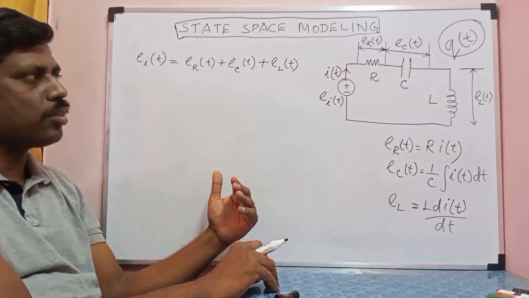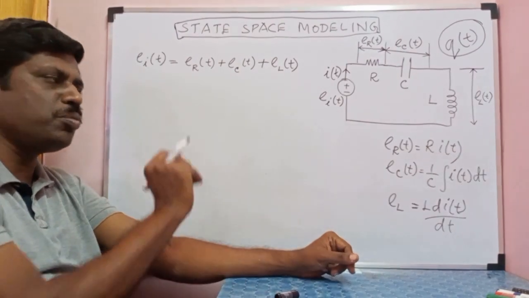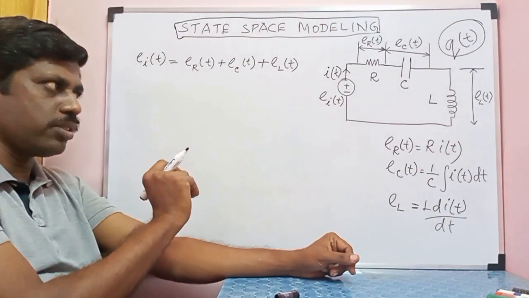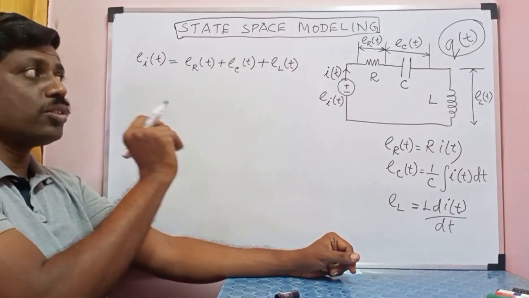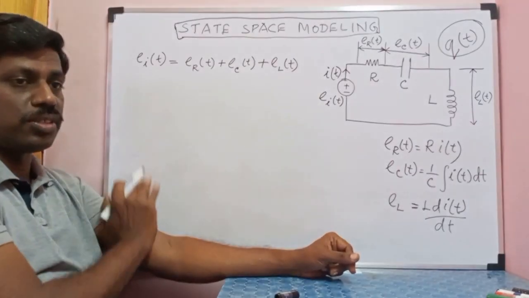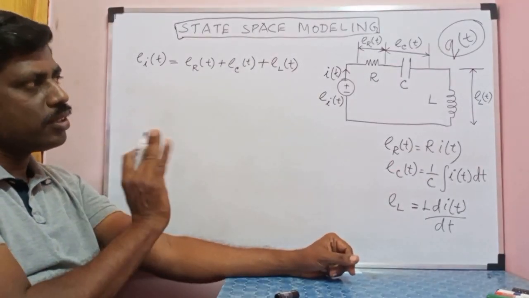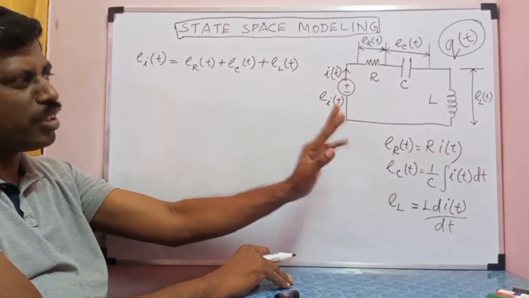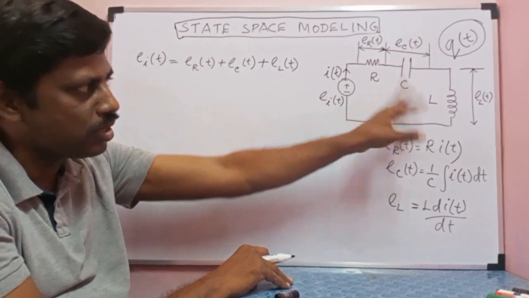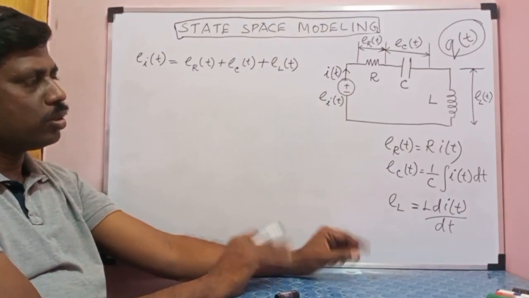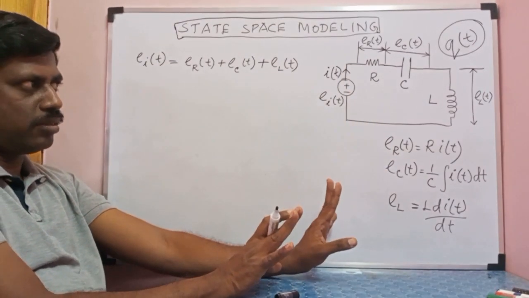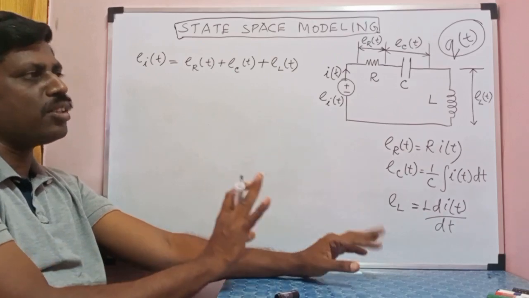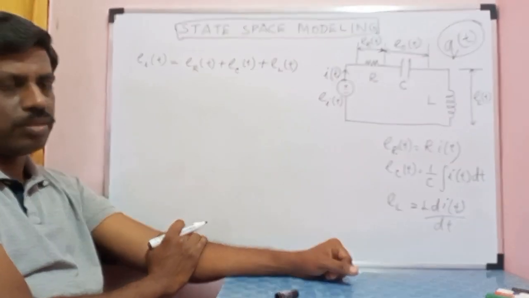How do I define the state variables? It is the minimum number of variables, knowledge of which is necessary to describe the system. So it is basically equal to the number of energy storage elements. In this circuit, it is C and L. So the first question is answered. For this system, I need 2 state variables.